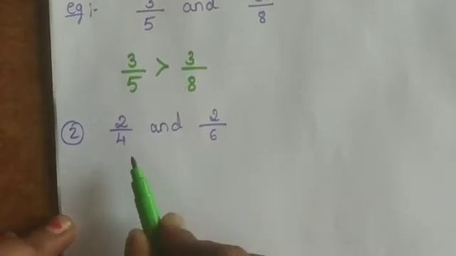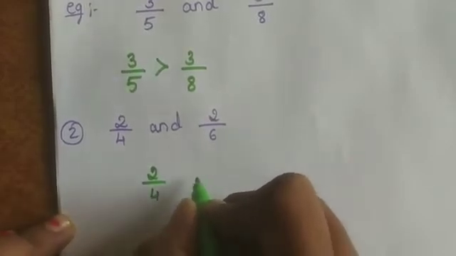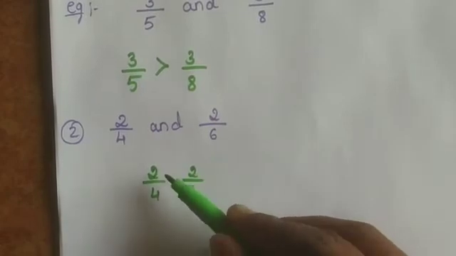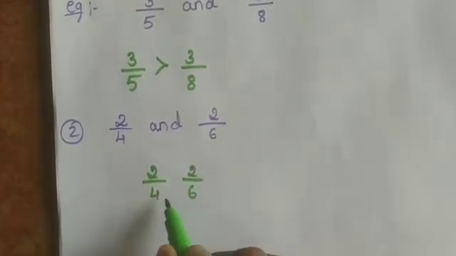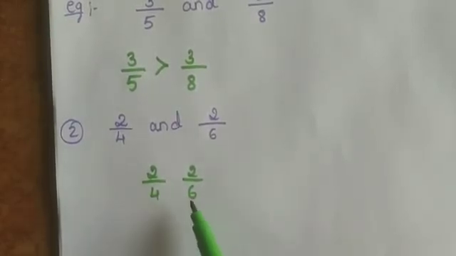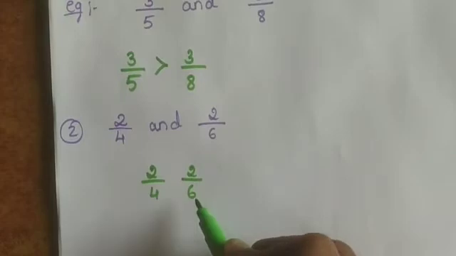Here also both the numerators are the same. Both the numerator places are the same. So in this we have to concentrate on the denominator places. So 4 and 6. Here 2 by 4 is greater than 2 by 6.